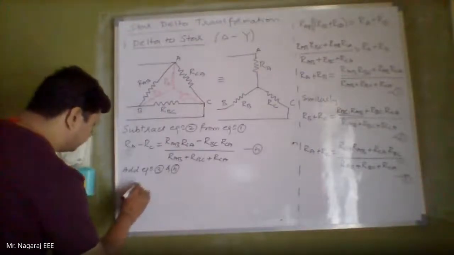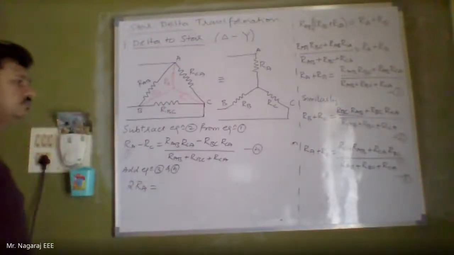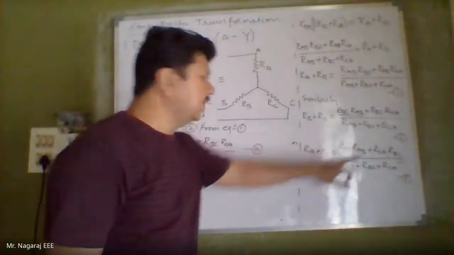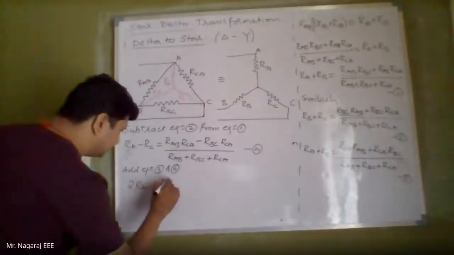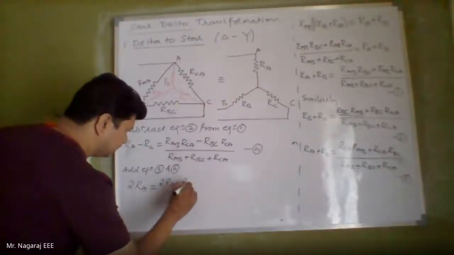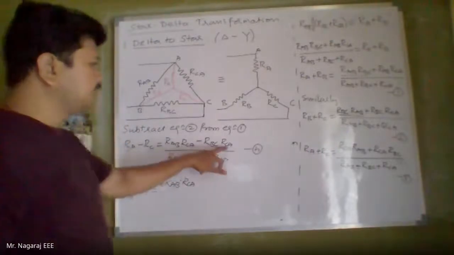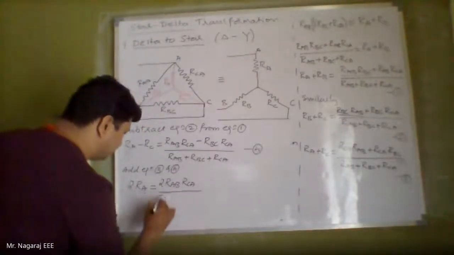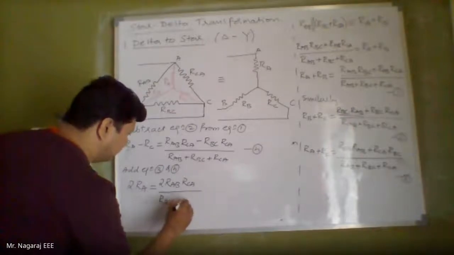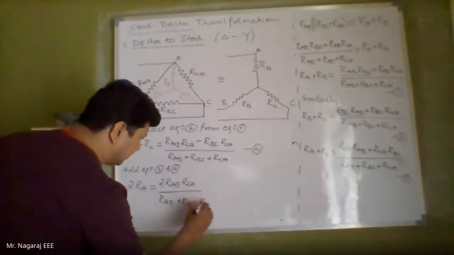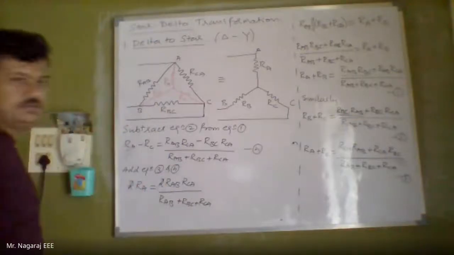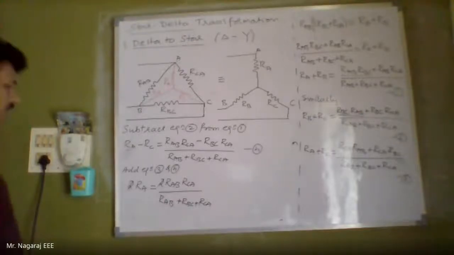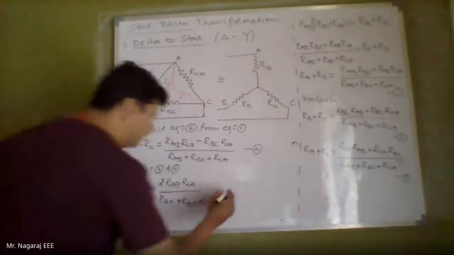I get 2 RA is equal to RAB RCA plus RAB RCA, 2 RAB RCA, minus RBC RCA plus RBC RCA, which cancels out, divided by RAB plus RBC plus RCA. The 2 will cancel.